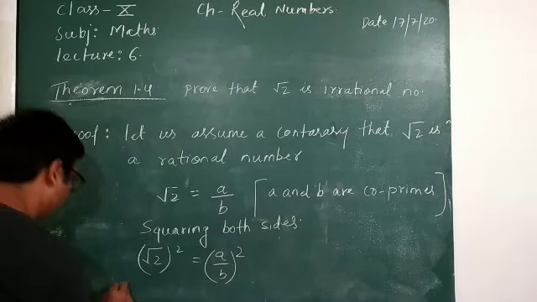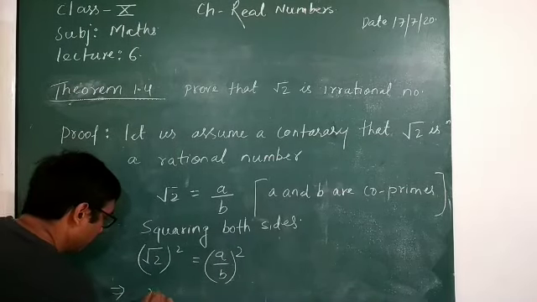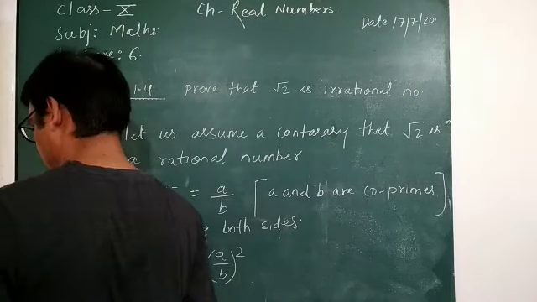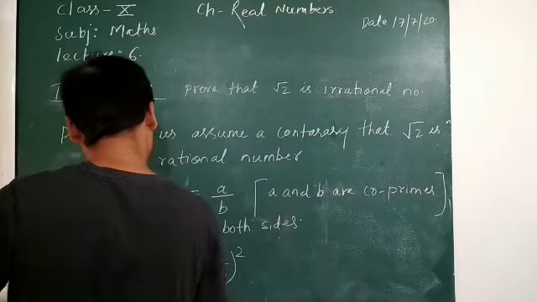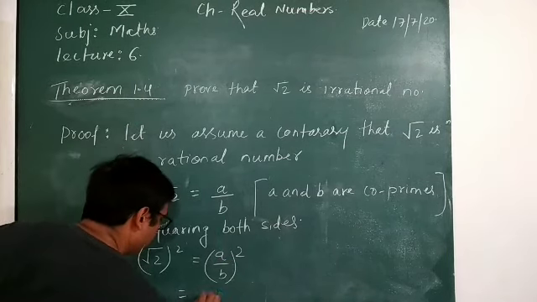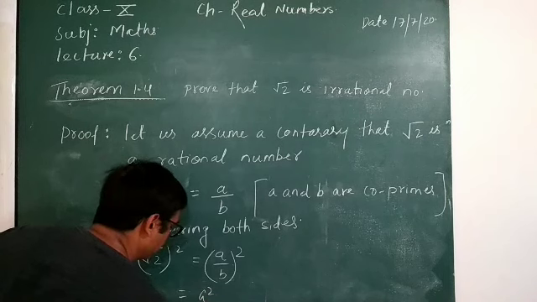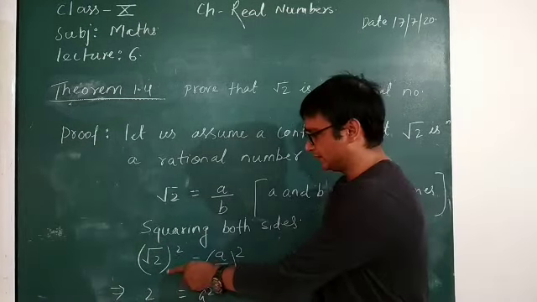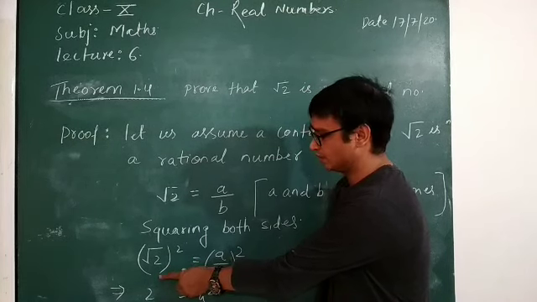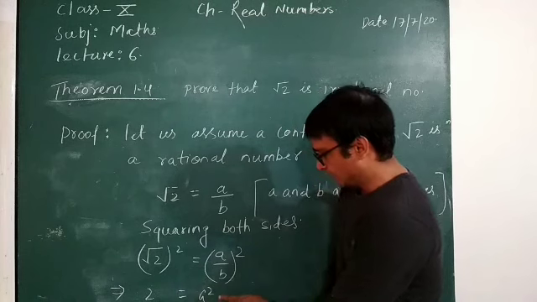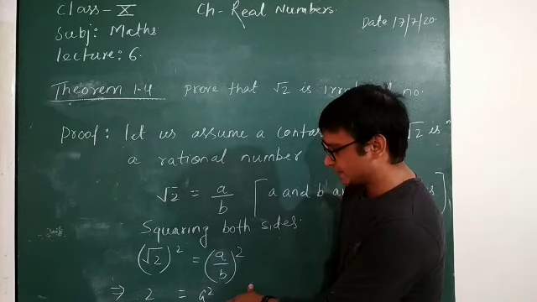So we get 2 is equal to A square upon B square. If you square these irrational root numbers, only the root is removed and you will get 2. So it will be A square and B square.